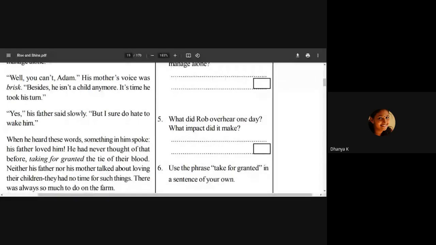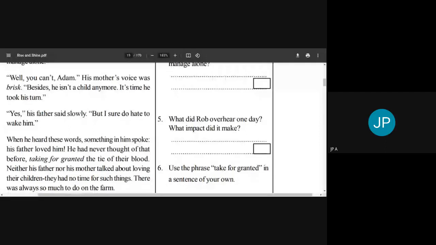Yes, his father said slowly, but I sure do hate to wake him. When he heard these words, something in him spoke. His father loved him. He had never thought of that before. Taking for granted the tie of their blood. Neither his father nor his mother talked about loving their children. They had no time for such things. There was always so much to do on the farm.